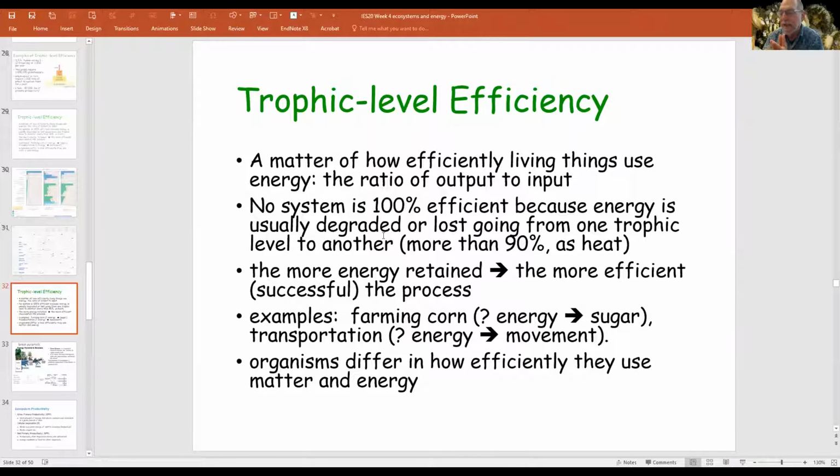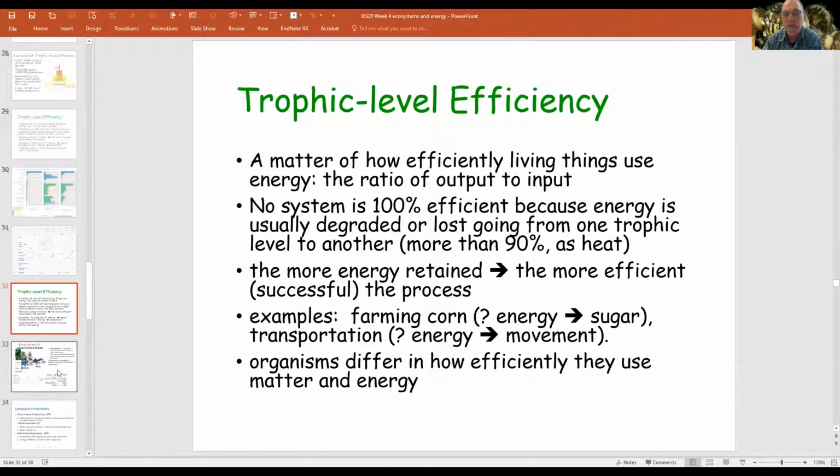Only 10% of the energy is retained. So there are examples: farming corn. How much energy do we have to put in to produce sugar? Transportation, how much energy does it require to produce movement? And organisms and ecosystems differ greatly in how efficiently they're able to use matter and energy.